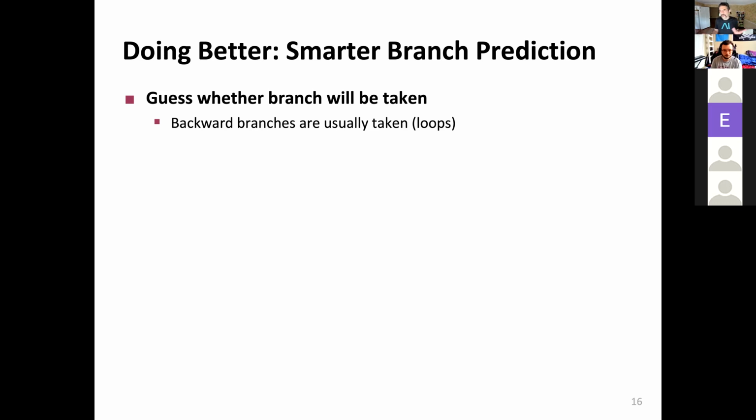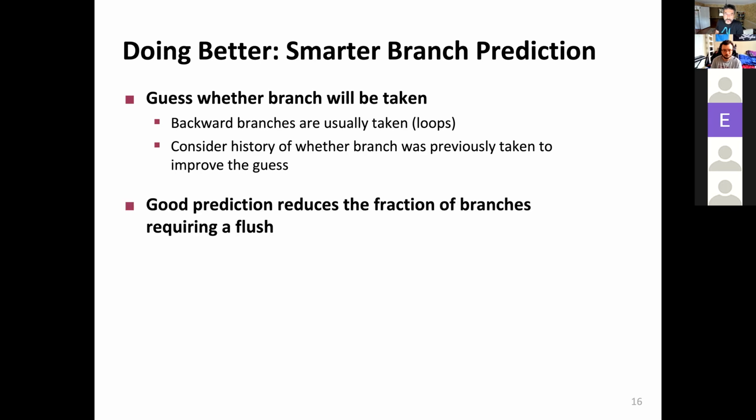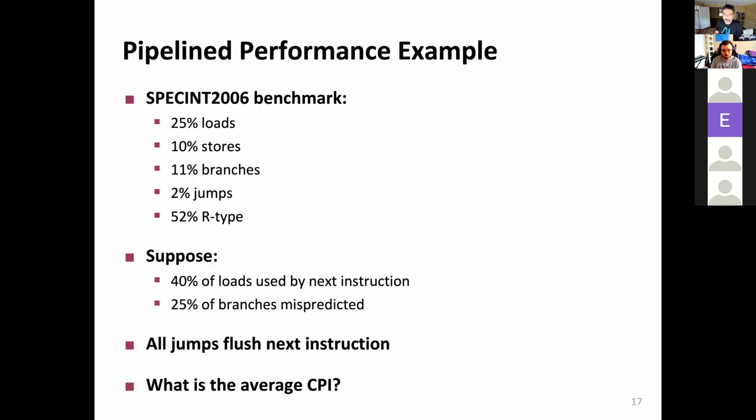Based on this you can build a model and use it to do a good prediction. And good prediction reduces the fraction of branches requiring a flush.